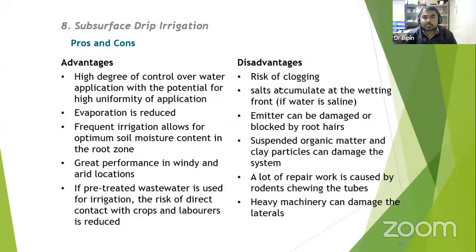There is a risk of clogging, salt may accumulate near the emitter, and the emitter can be damaged or blocked by root hair. There will be chances of some suspended organic material. The main disadvantage of the sprinkler and drip systems is that we apply very little pressure, so there is a chance of algal growth.